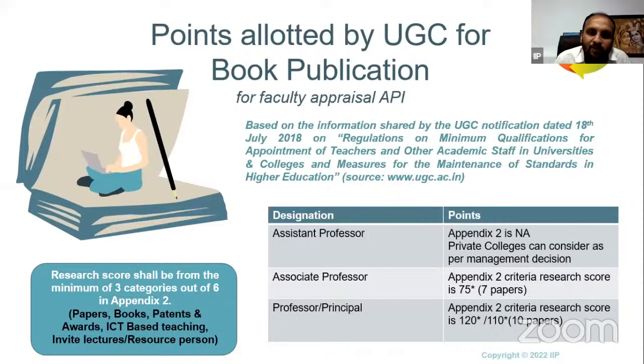As per the UGC notification of 18 July 2018, in appendix 2, some points are allotted for each designation. For assistant professor, they have not allotted any points because appendix 2 is not applicable for the assistant professor post at the initial recruitment.